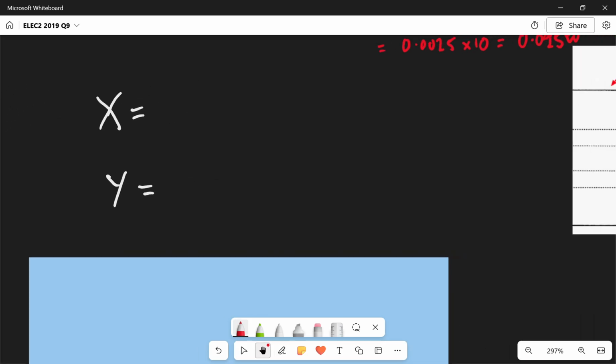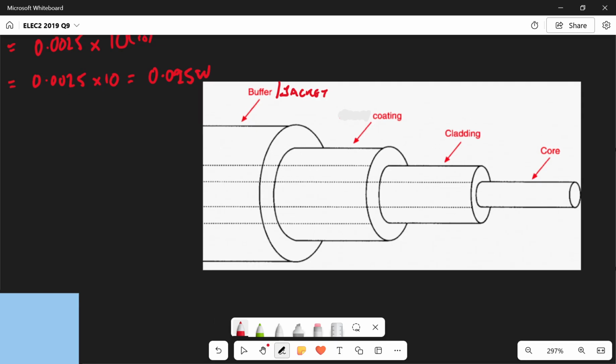Right, so for B part 1, the diagram shows the typical structure of an optical fiber cable. Identify the components labelled X and Y. Well, you need to know those 4 components. It is in the ebook, and the center of an optical fiber is called the core. Then the medium around the core is called the cladding.